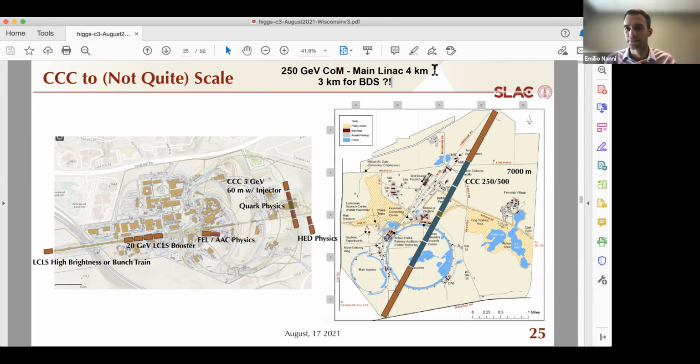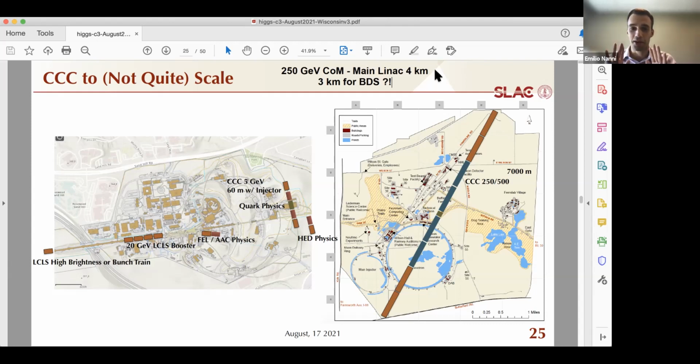I see. But in your model, the main LINAC is not even the major part of the cost, right? It's only 35% of the cost. That's right. If you look at CLIC-K, the cost is dominated by the main LINAC. If you look at ILC, the cost is dominated by the main LINAC.